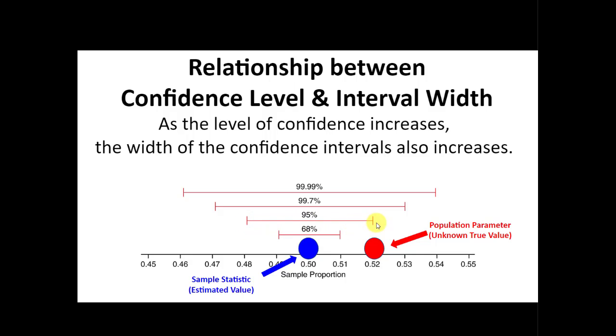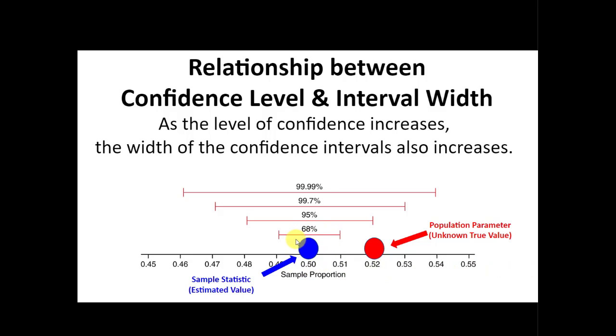This is a little bit longer. It takes up more of this number line. Notice here where the confidence level is 99.7%, the width of the interval has increased even more. Here, when there is a 99.99% confidence level, the interval width almost takes up the entire number line.